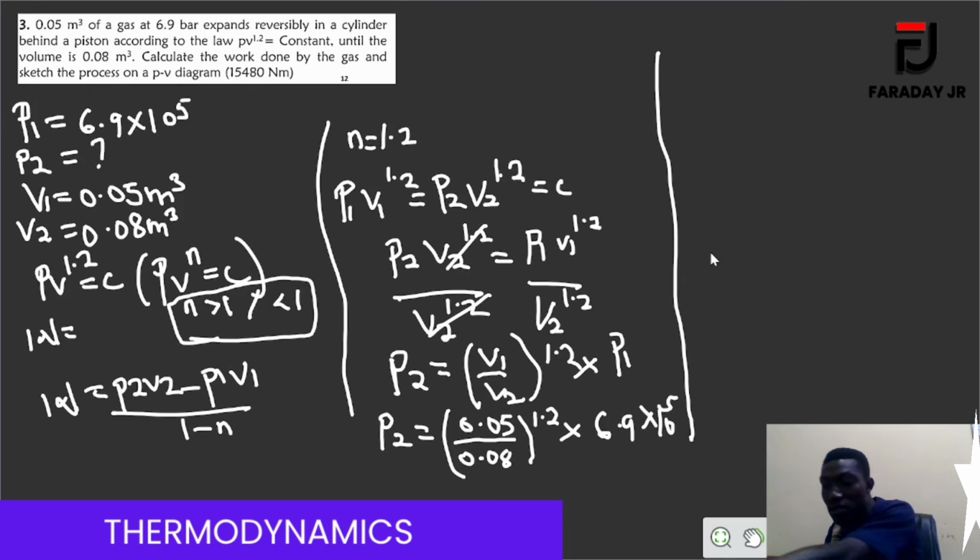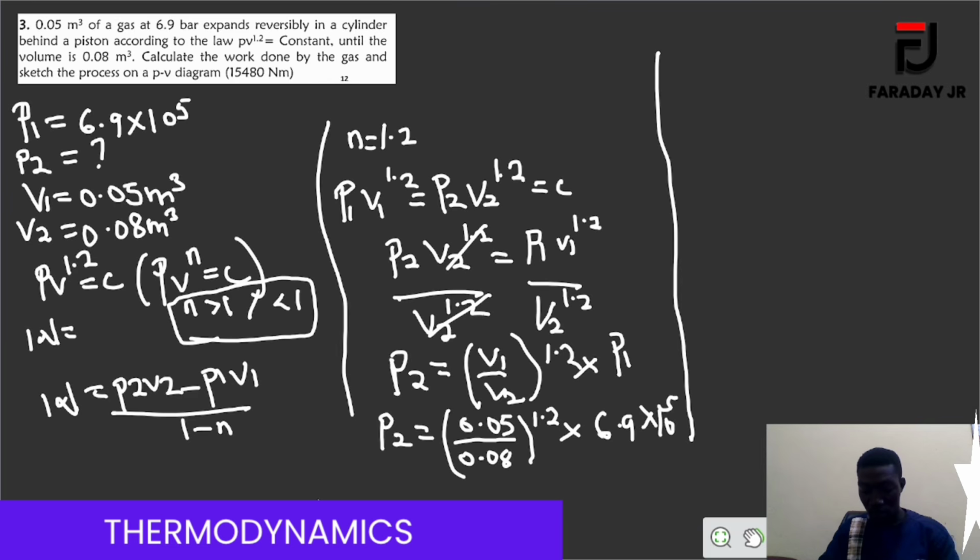So what are we going to get for P2? P2 is equal to (0.05 on 0.08) all exponent 1.2, multiplied by 6.9 times 10 raised to the power 5.